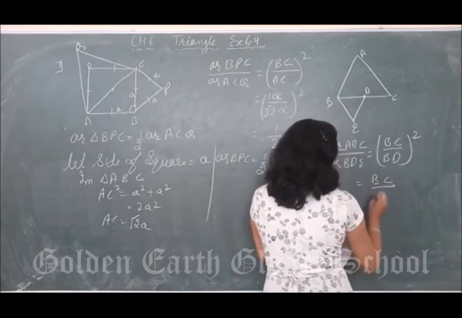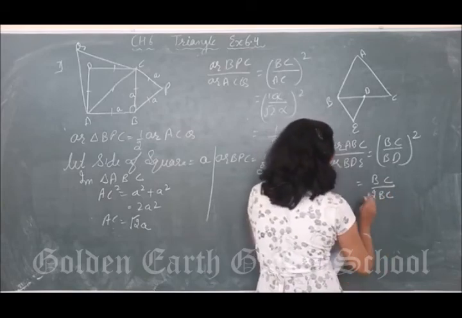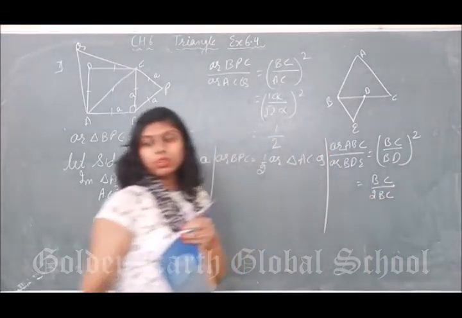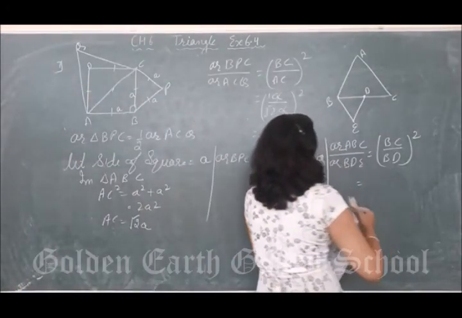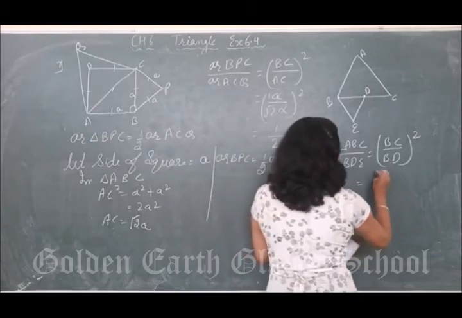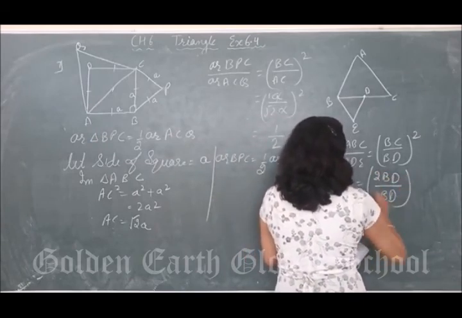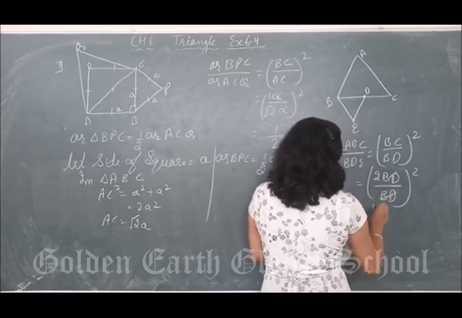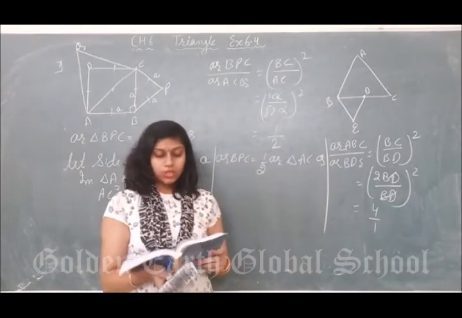BD is half of BC. BD is the smaller side, BC is the larger side, or you can say BC is double of BD. BD will be cancelled. 2 square is 4. 4:1. So option C is correct.